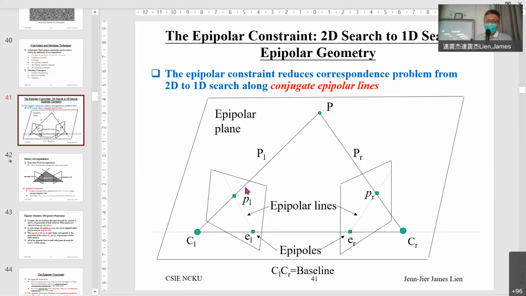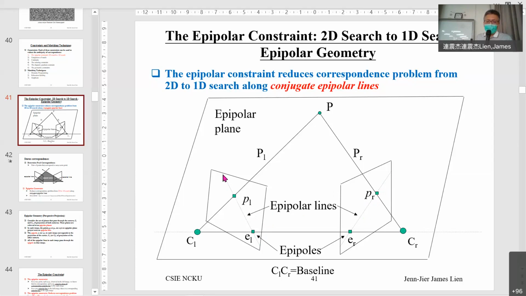So any point in the image has a corresponding point here, and this line is called the epipolar line. Your corresponding point will exist on it.